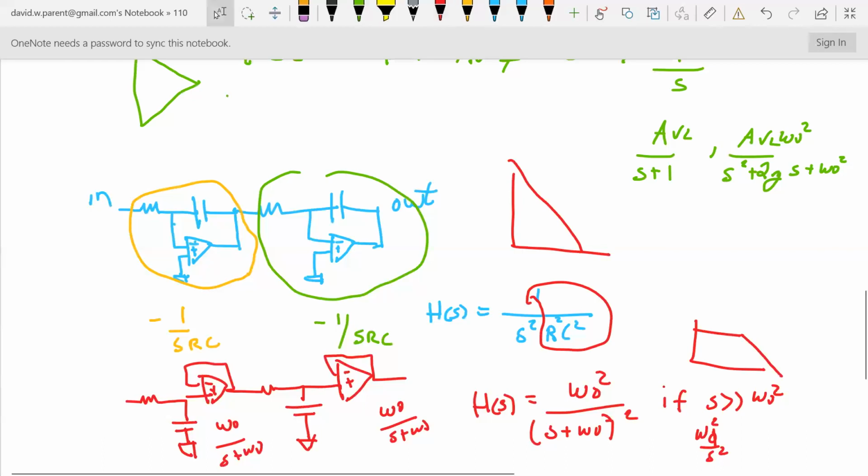So the magnitude is going down with frequency, low pass. But because this doesn't have this flat region, it's an integrator. Because this does, it's a low pass filter. And we can make low pass filters with these chained integrators in this technique that we're going to go over.